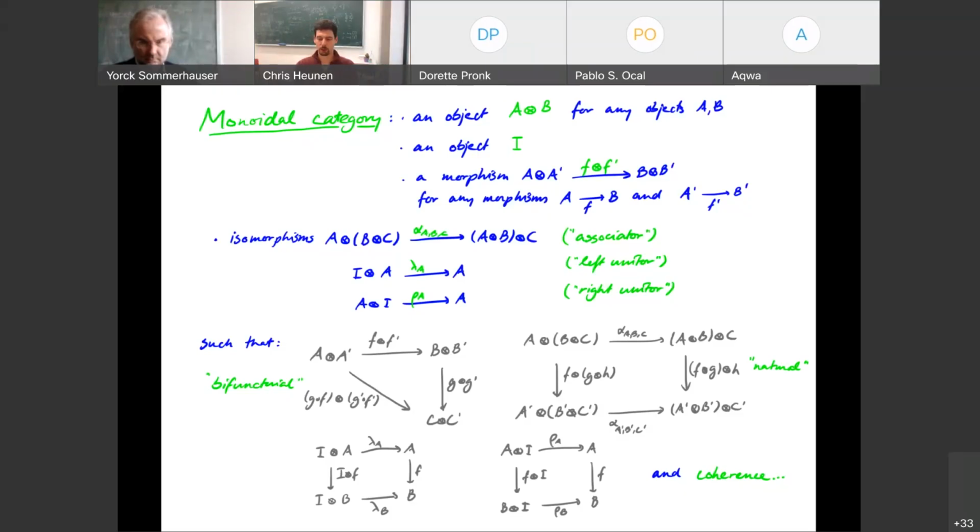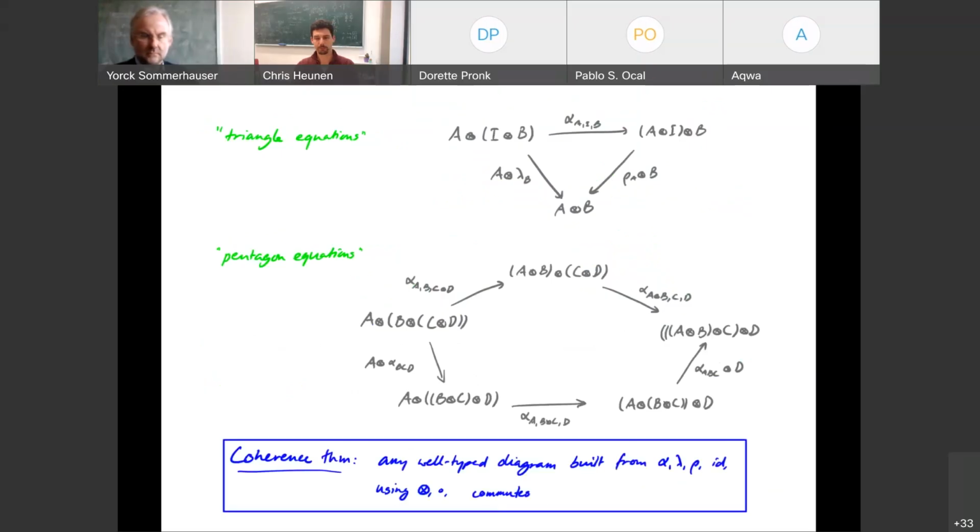And finally, there's some coherence. These isomorphisms, associators and uniters, I want them to satisfy what's called coherence requirements. And that means for every 3 objects A, B, C, I want these 2 diagrams to commute. So the top one, the triangle equation, says that if I have 2 objects A and B, I could do 3 things to them.